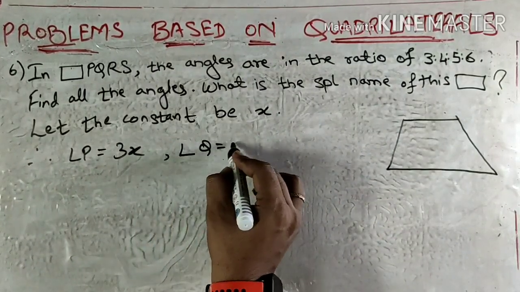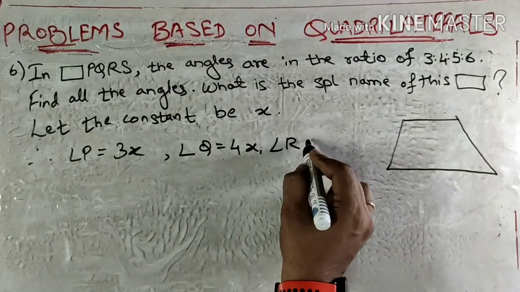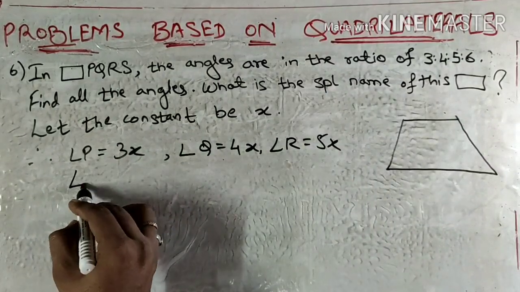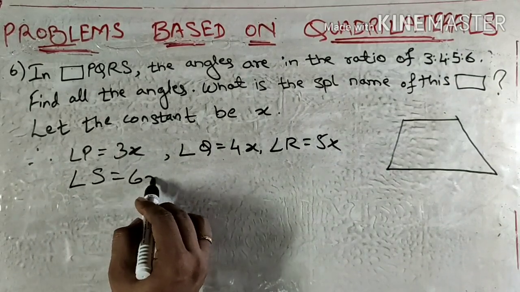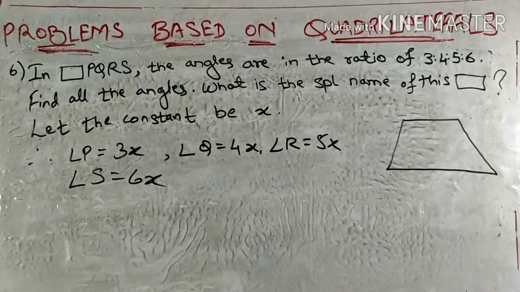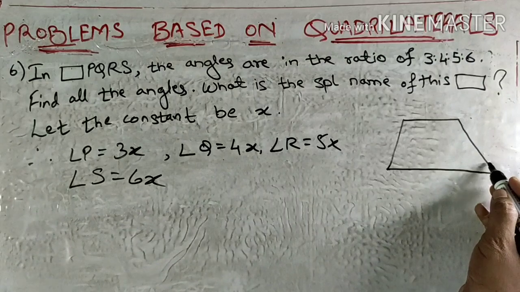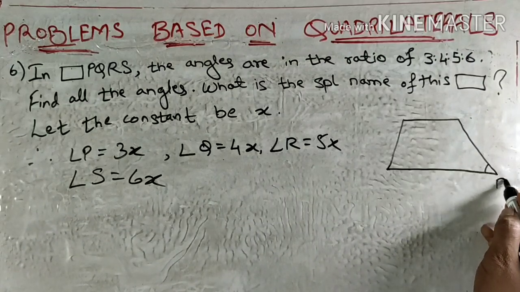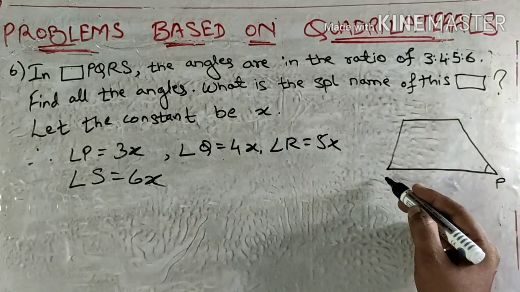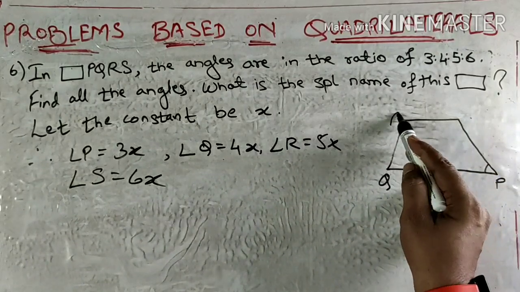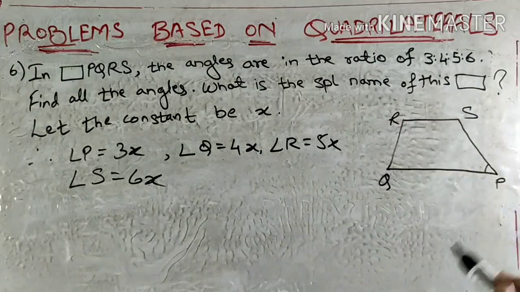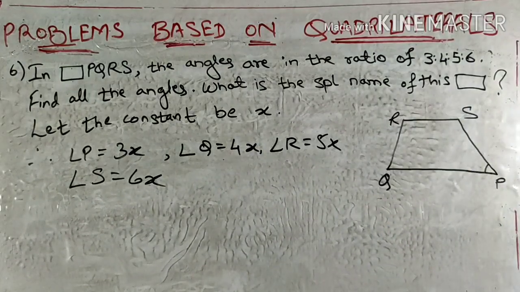Angle Q is equal to 4x, angle R is equal to 5x, angle S is equal to 6x. So looking at the values over here, the smallest of the angles is 3 into x. So which one do you think amongst all four angles is the smallest angle? So this angle is my P, and accordingly we'll have Q, R, S. We'll go clockwise in this problem. So we have the diagram now.